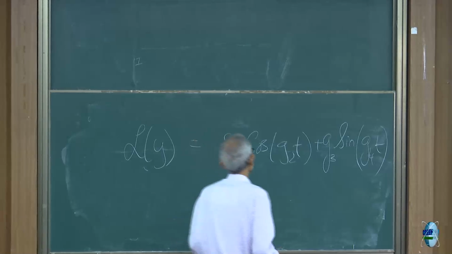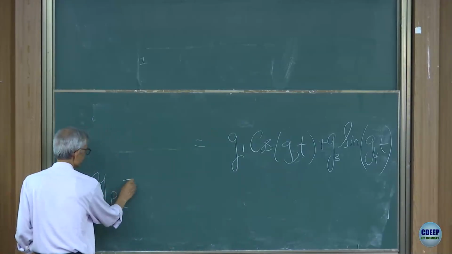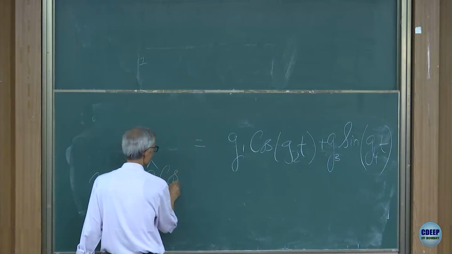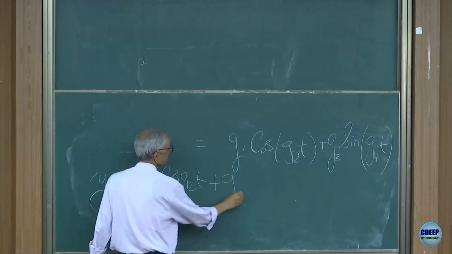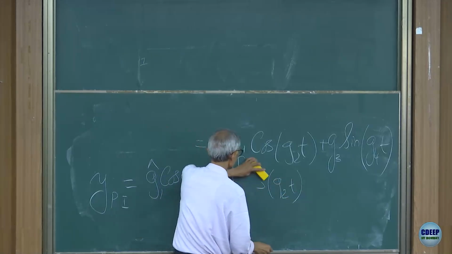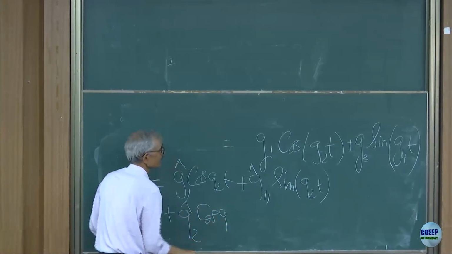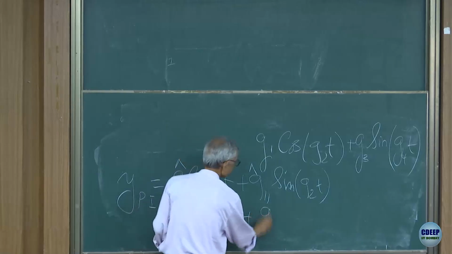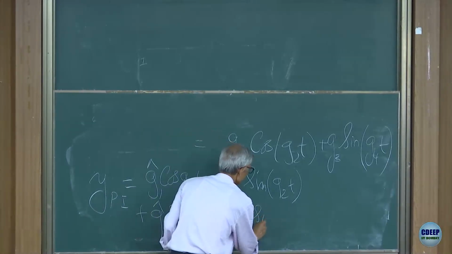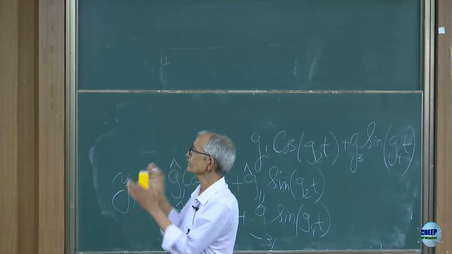So the particular solution here, you are going to guess once again: y particular integral is equal to g1 hat cosine of g2t plus g11 hat sine of g2t plus g2 hat cosine of g4t plus g21 hat, g31 hat and sine of g4t.